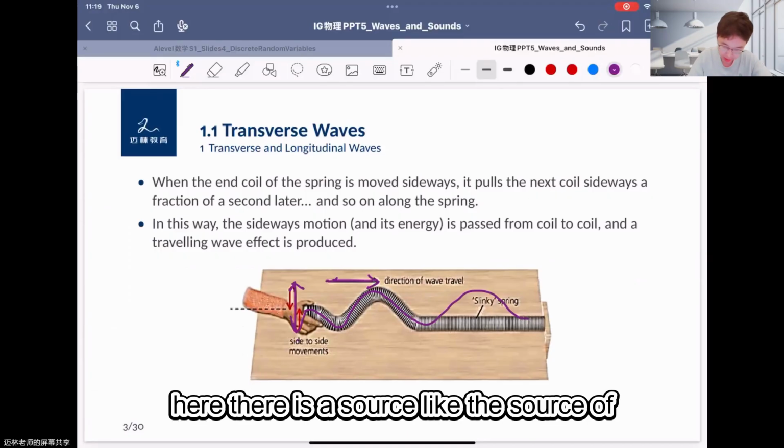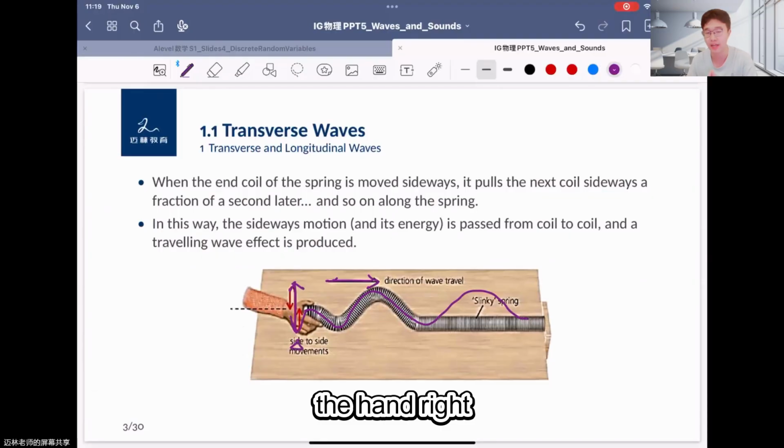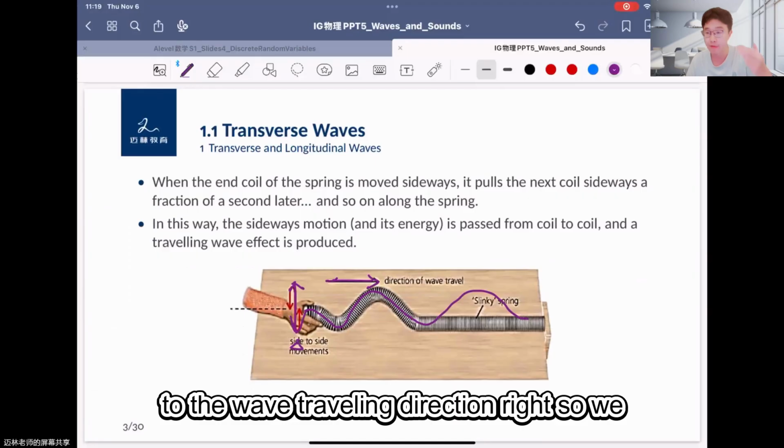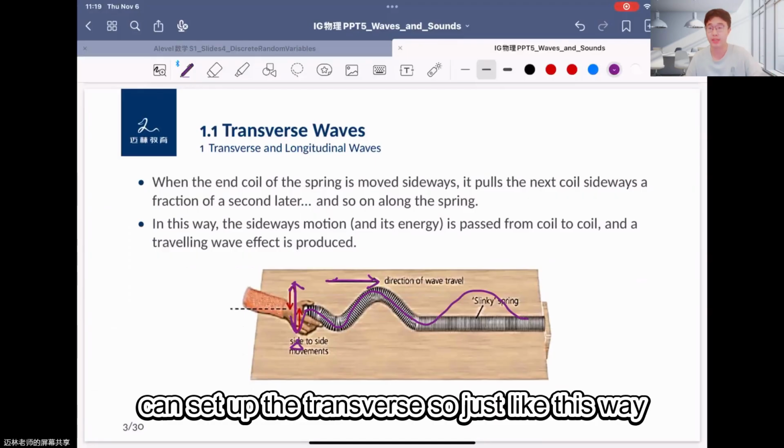here there is a source, like the source of the hand, right? The source vibrating direction is perpendicular to the wave traveling direction, right? So we can say that the transverse wave is just like this way, okay?